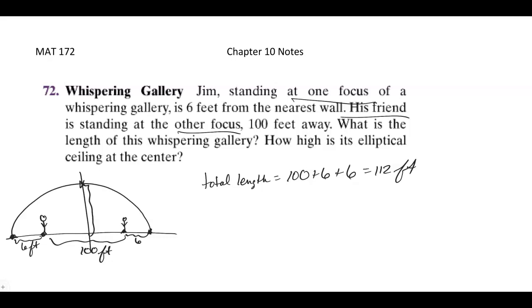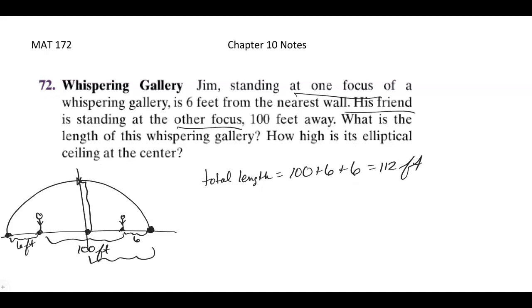Now, to do that, it'd be nice if we could take this and find the equation of this thing, right? So let's talk about what we know. We know the distance from here to here, right? From the center to the vertex. If this total distance is 112, then this distance from the center to the vertex, which is going to be A, is 56.